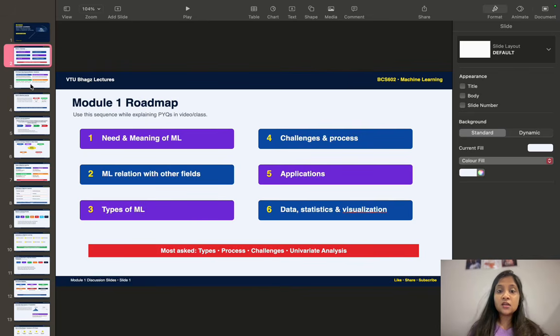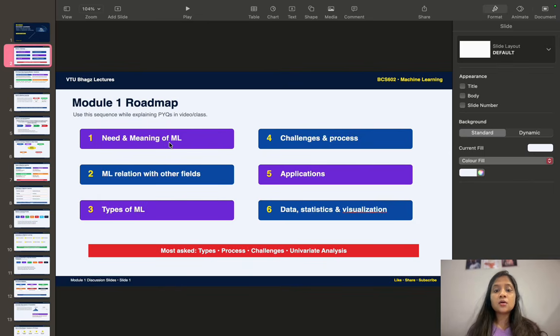Here we study the need of machine learning, definitions of machine learning, relation with other fields, types of machine learning, challenges, process, and application. The second is understanding data. Here we study the big data analysis framework, descriptive statistics, univariate data analysis, and visualization.